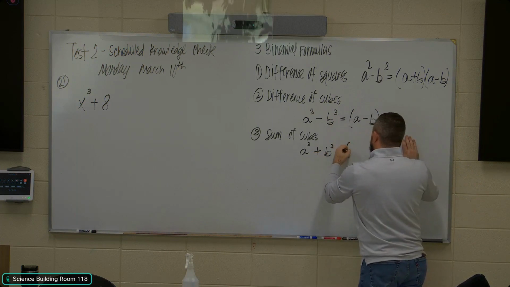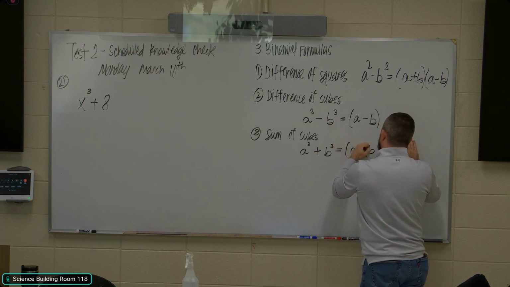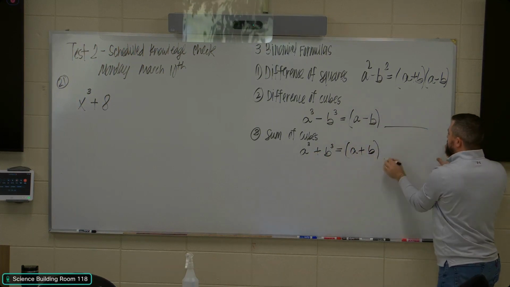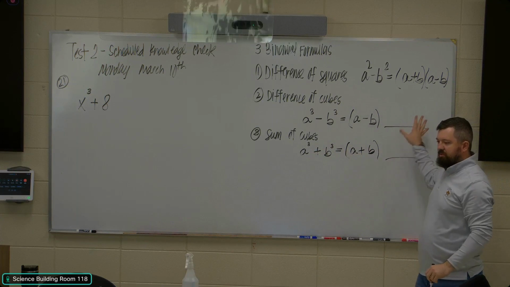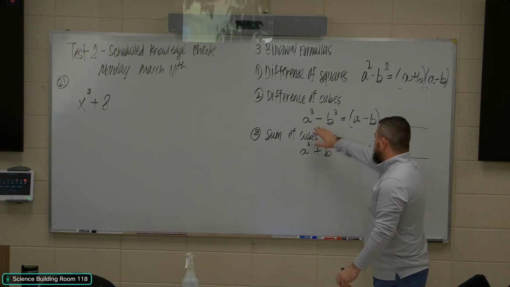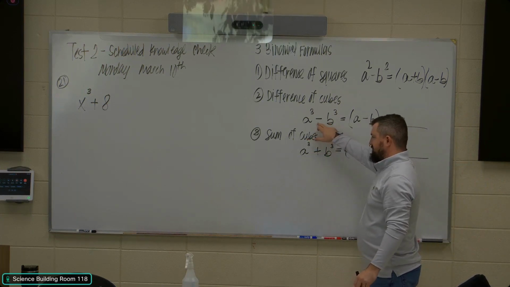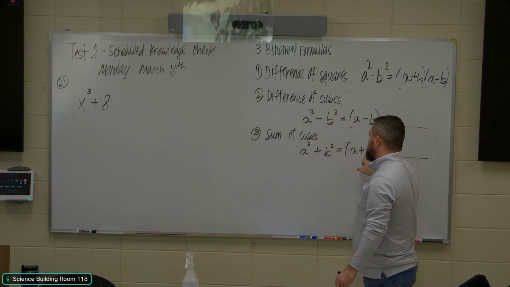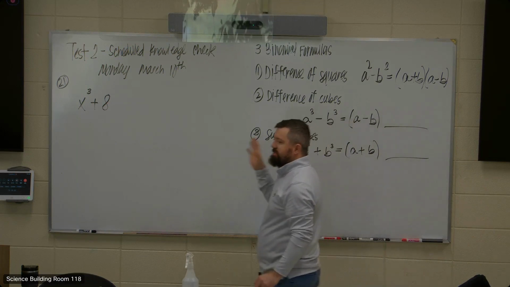For the sum of cubes, you add them. And then there's some more in just a bit that I want to put with this. But you find the cube roots, and for the difference of cubes, you subtract the cube roots. For the sum of the cubes, you add the cube roots. So what does that mean?